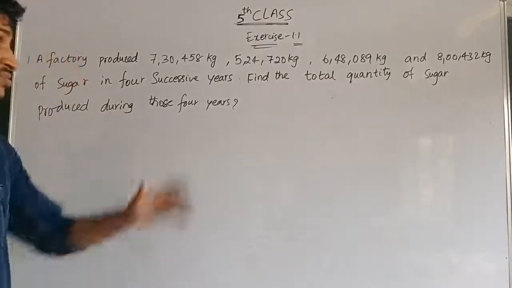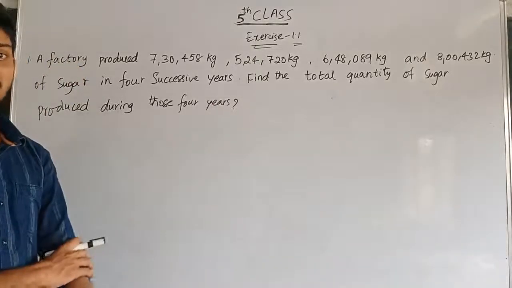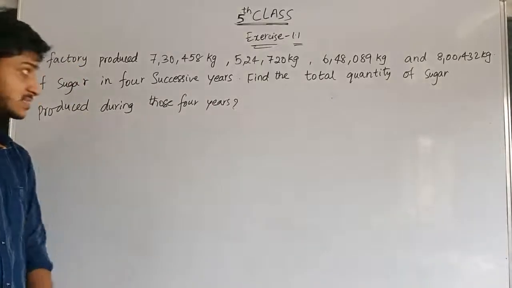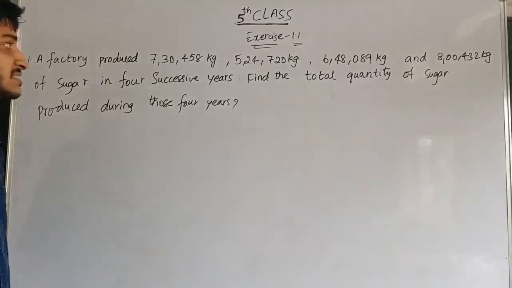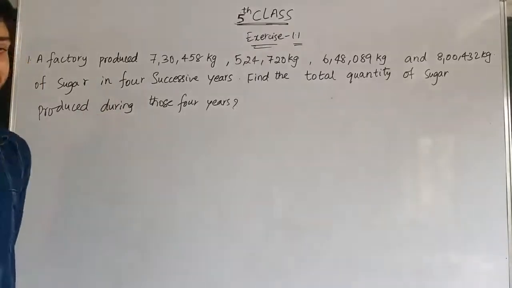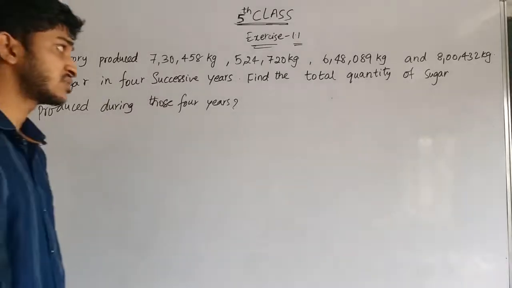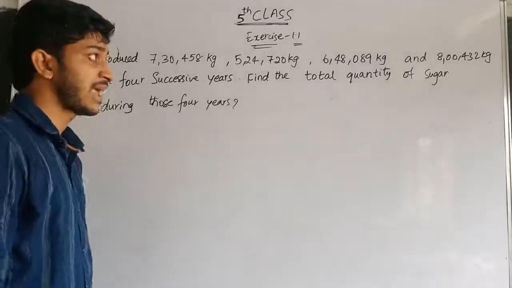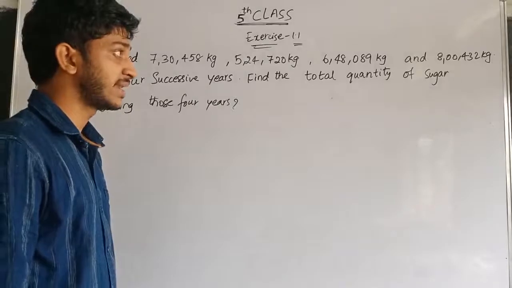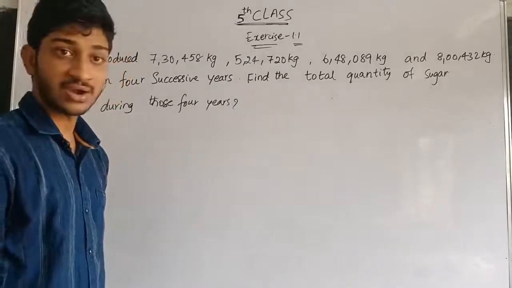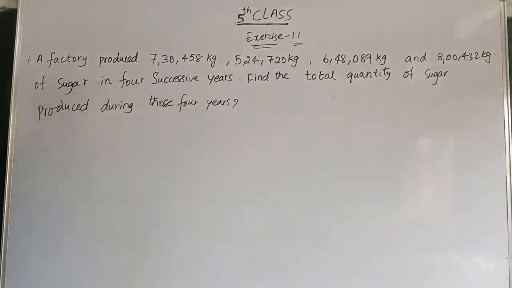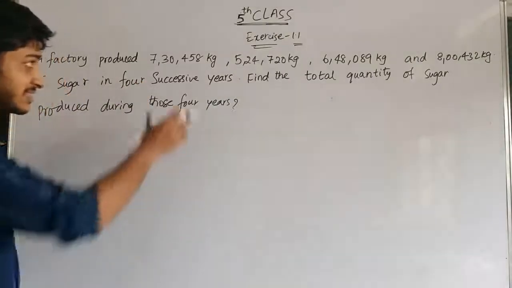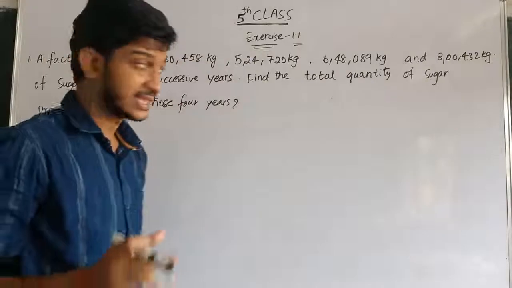Okay children, see here. Today I am going to start exercise 1.1 and this is our first problem. A factory produced 7,30,458 kgs, 5,24,720 kgs, 6,48,089 kgs, and 8,432 kgs of sugar in 4 successive years. These are the amounts of sugar in each year.